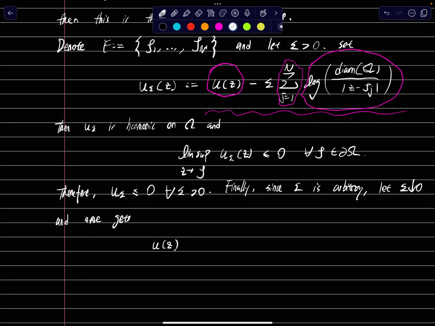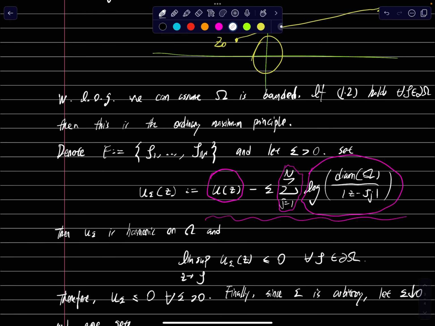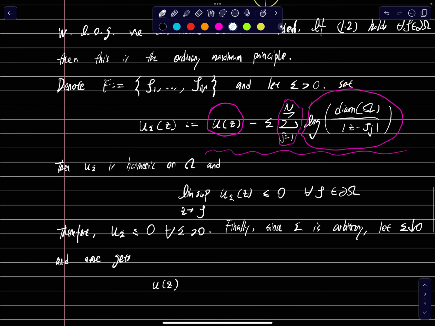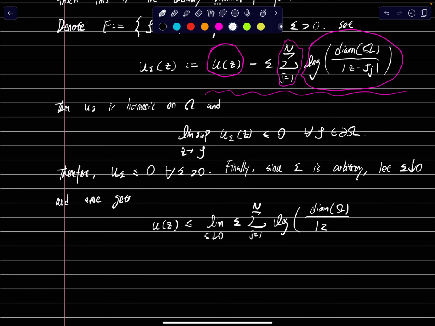By the definition of u epsilon of z and the fact that lim sup of u epsilon of z is smaller or equal to 0, we see that u of z is smaller or equal to the limit as epsilon goes down to 0 of epsilon times the sum over j from 1 to n of the logarithm of the diameter of omega over z minus zeta j.